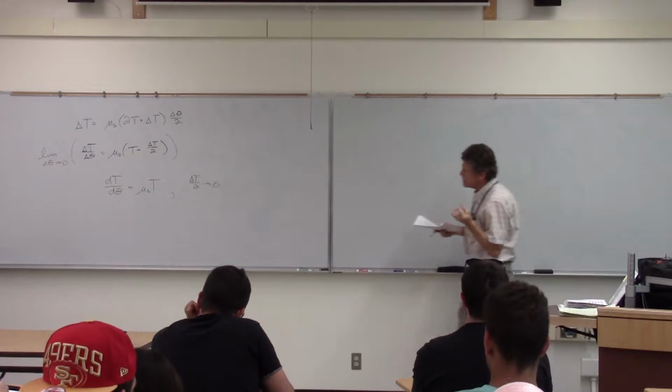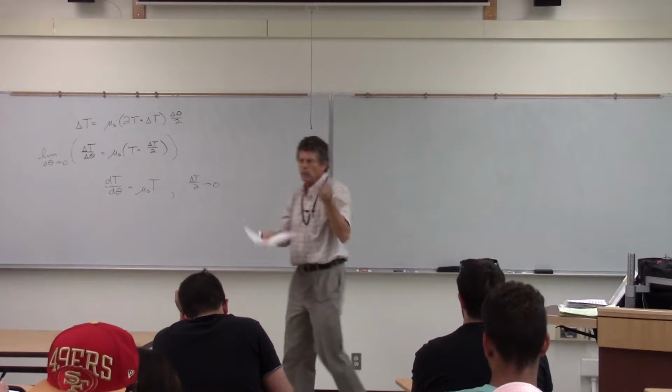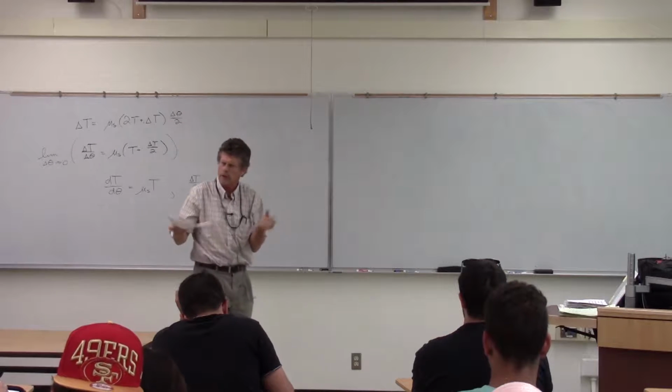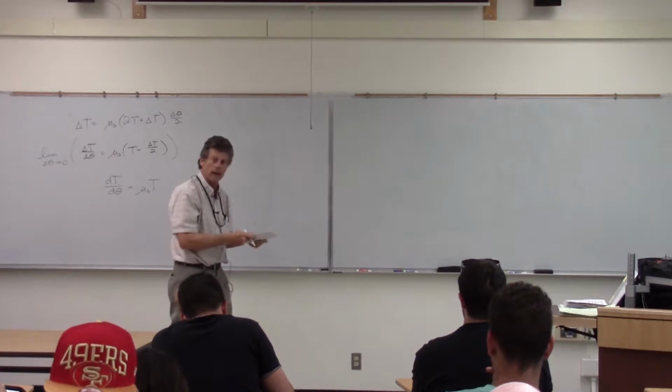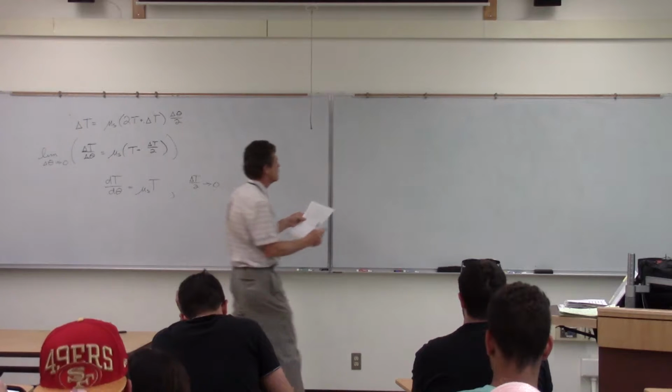Now what we'll find is that we can take this now and play around with it. We can create two different forms of it that are going to be useful in terms of applying to actual problems.